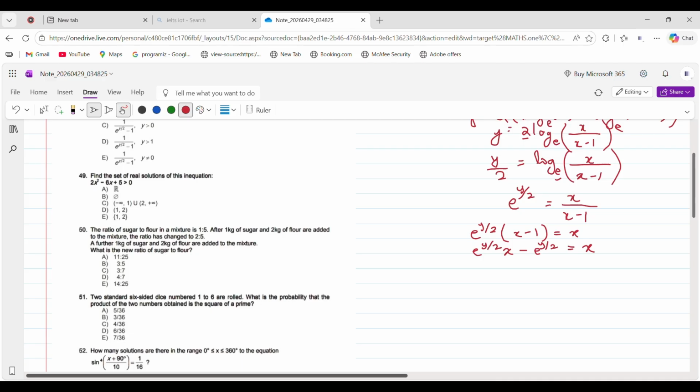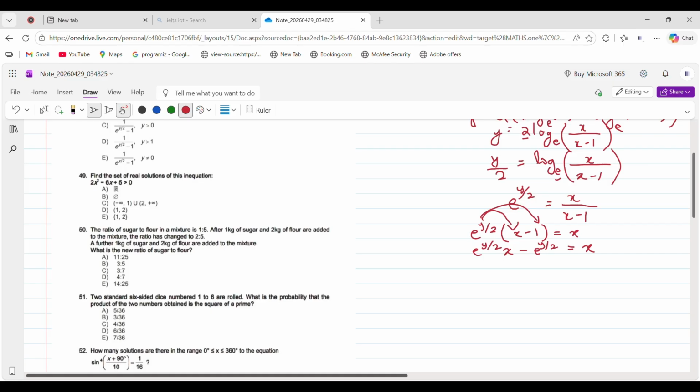Here if I take the common, what it would basically be: e^(y/2) x minus e^(y/2), multiplied by minus 1, would then be only e^y minus 1.